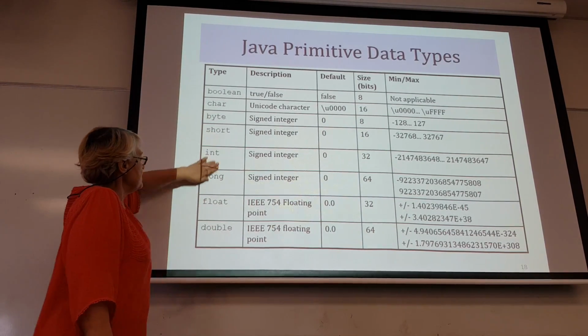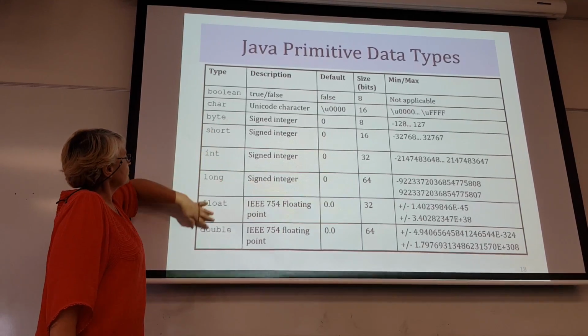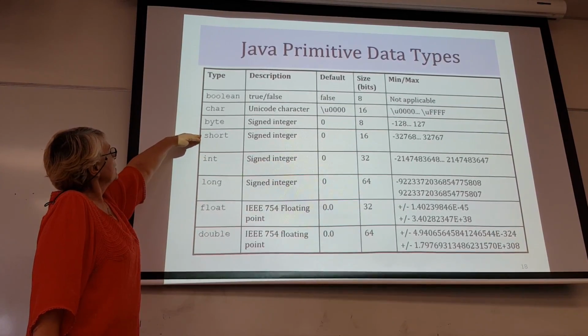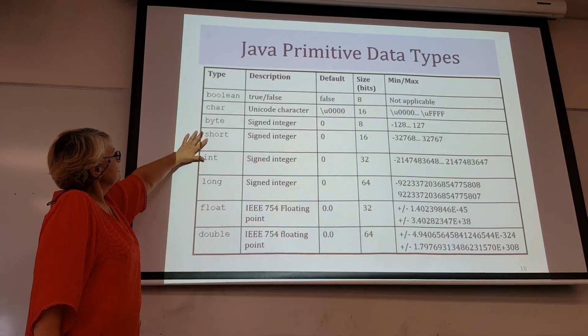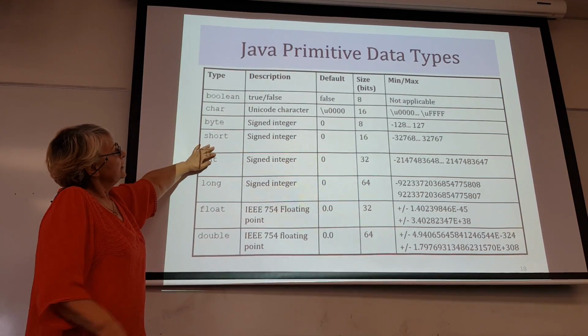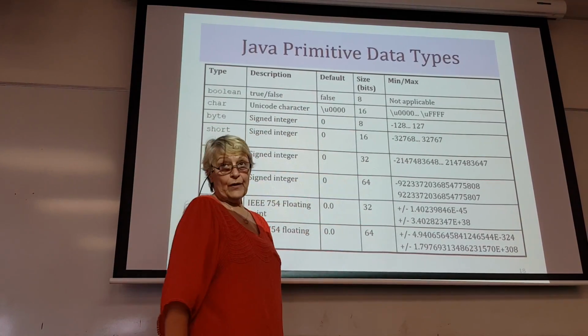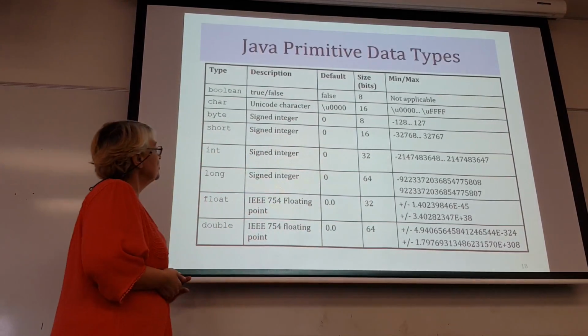So these are primitive types. Boolean, character, byte, short. So size in bits is fixed. Default values, everything comes with default values.